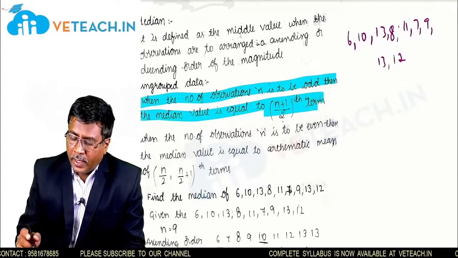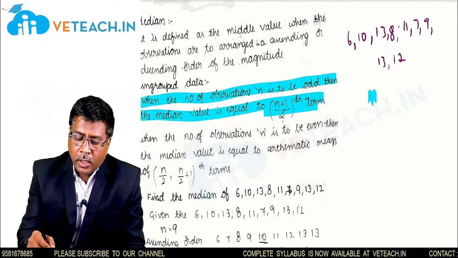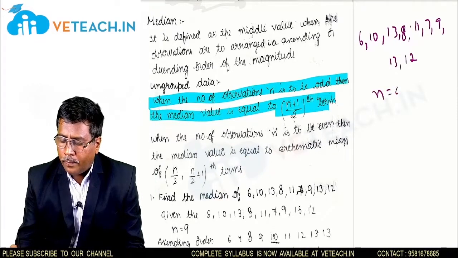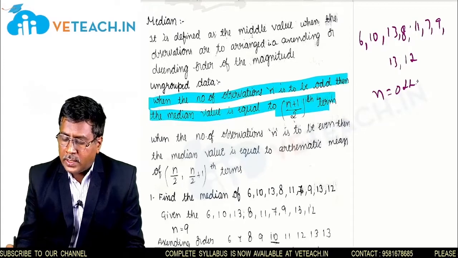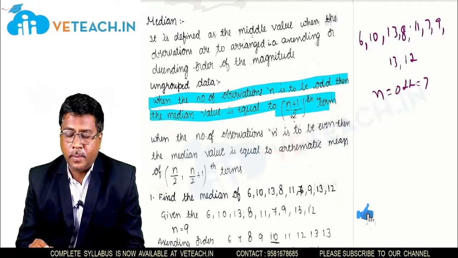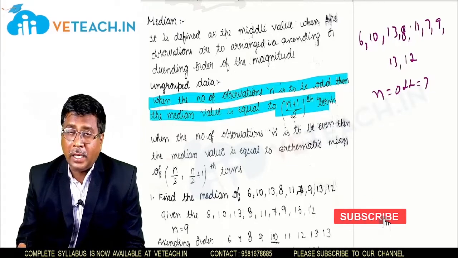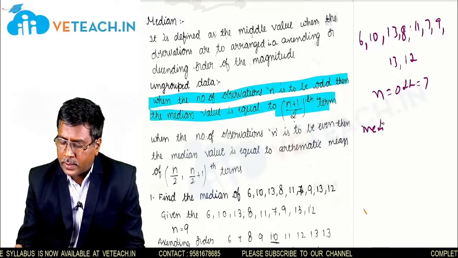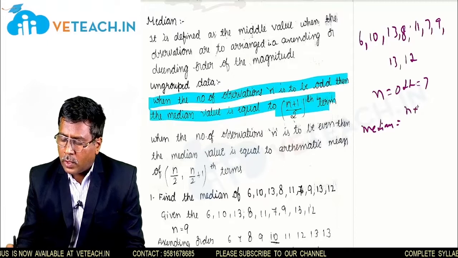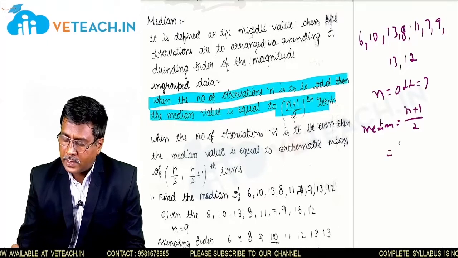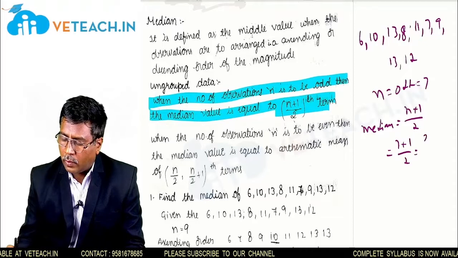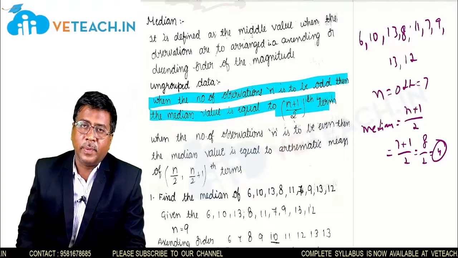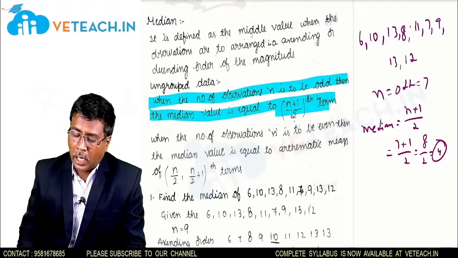For example, if n is 7, then after arranging in ascending or descending order, the median is the (7 plus 1) by 2, that is 8 by 2, the 4th term.